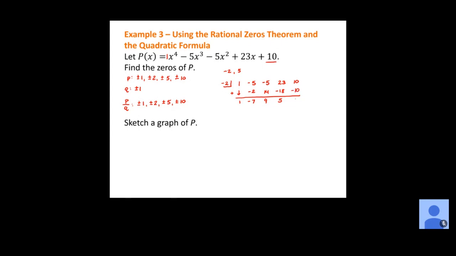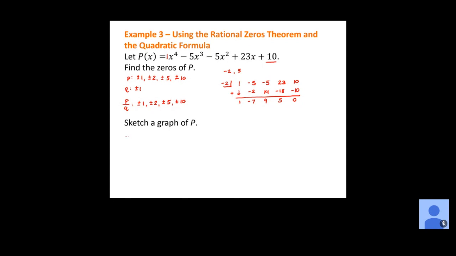And then 10 plus -10 gives us a remainder of 0. All right, so what does that tell us about -2 then? It works. That is one of our zeros.